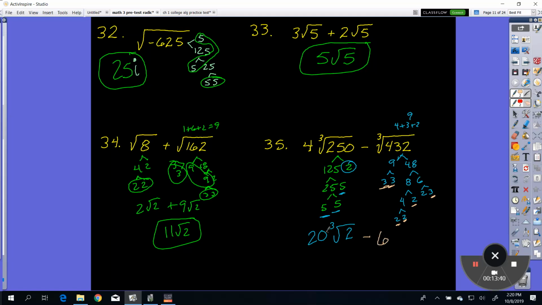So that's how we ended up with 20 before. We brought the 5s out, multiplied the 4. And there's 1, 2 that didn't get used. And it's still a cube root of 2. So now we have 20 cube roots of 2 and negative 6 cube roots of 2. So 20 minus 6 is 14 cube roots of 2.